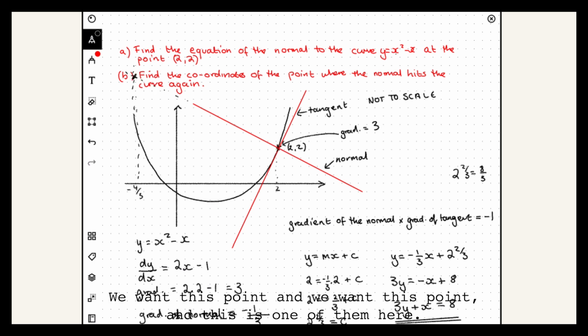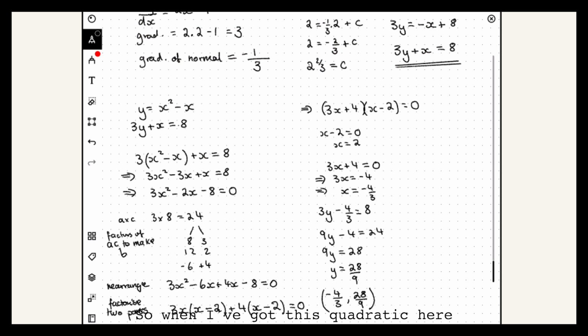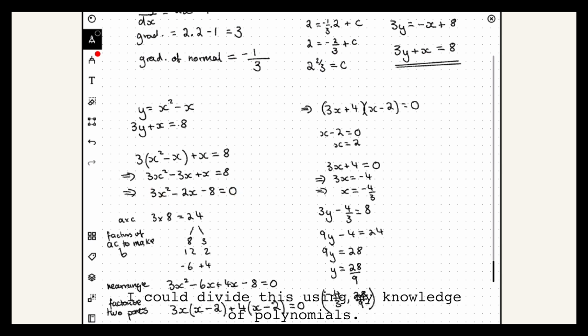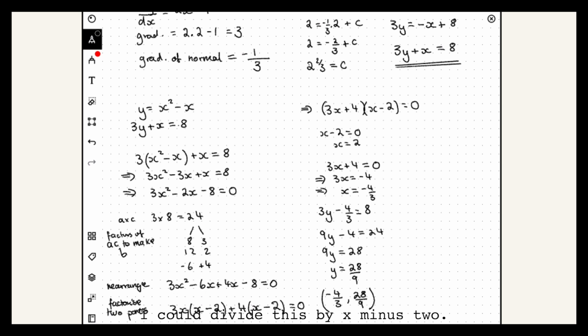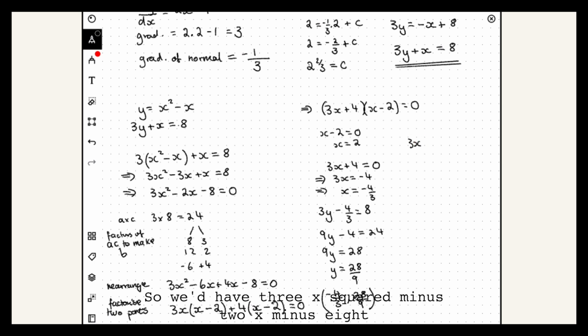We want this point and we want this point, and this is one of them here. So when I've got this quadratic here, using my knowledge of polynomials, I could divide this by x minus 2. If I do that quickly here, we'd have 3x squared minus 2x minus 8 divided by x minus 2.